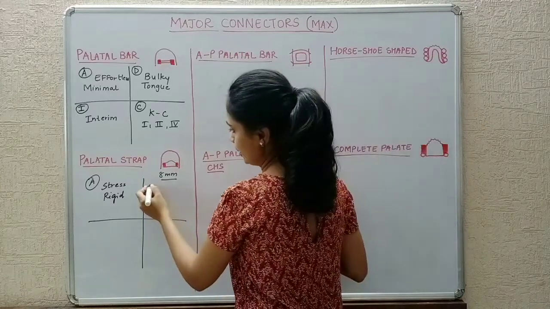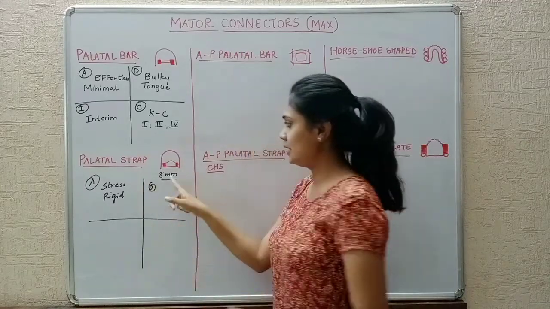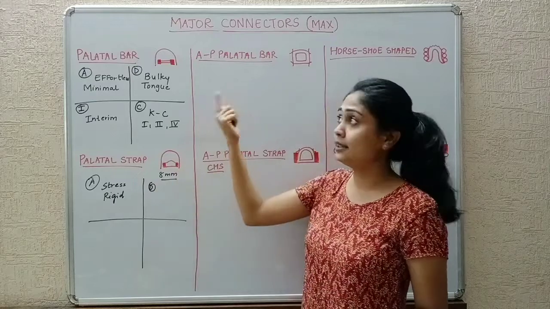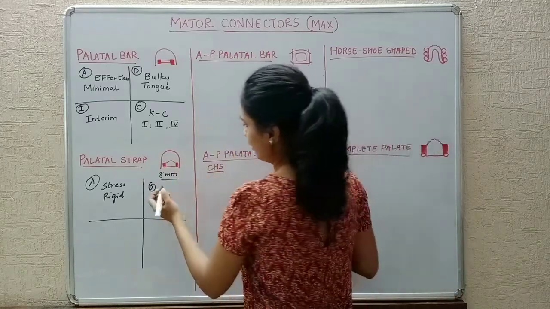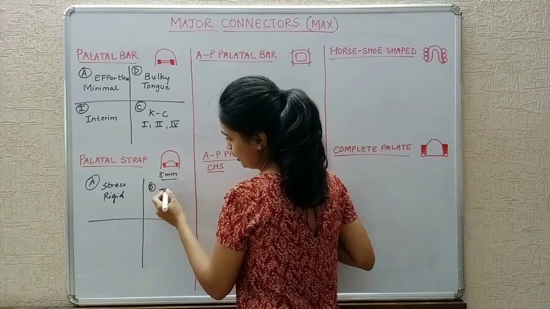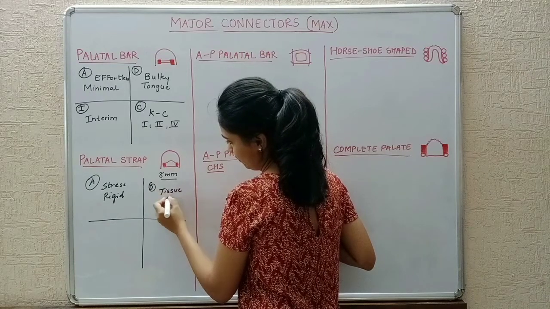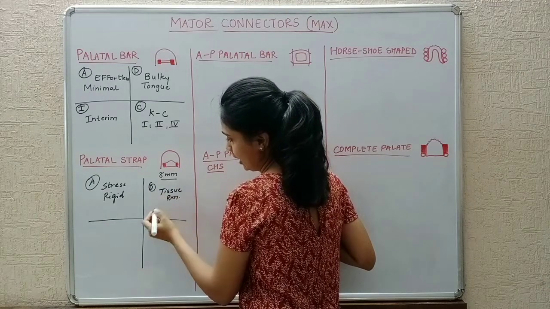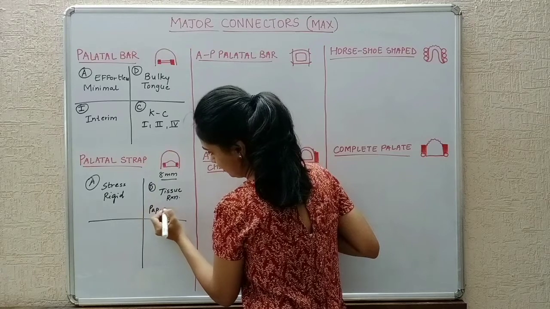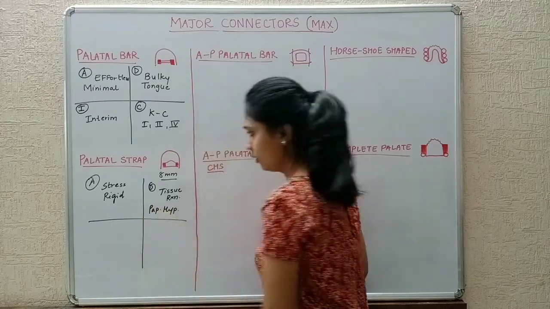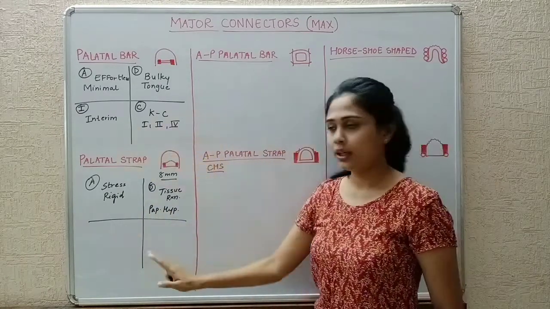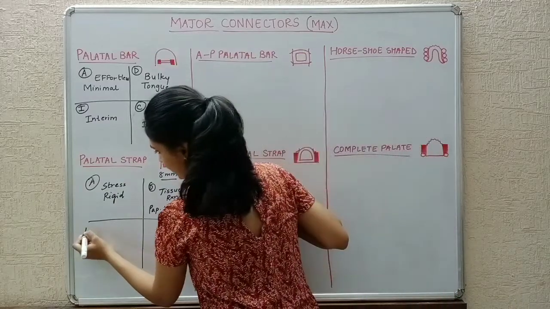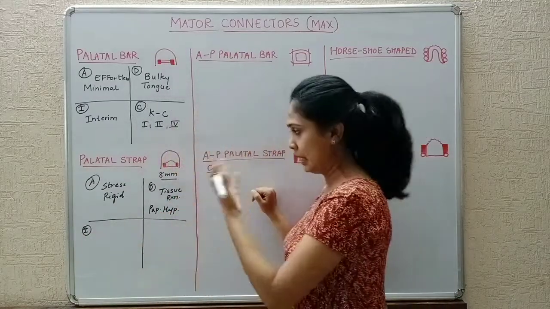Moving on to the disadvantages. As you can see, it covers more area of the palate than the palatal bar. So here we will have tissue reactions and papillary hyperplasia. Then we move on to the indications of palatal strap. So when should we give palatal strap?